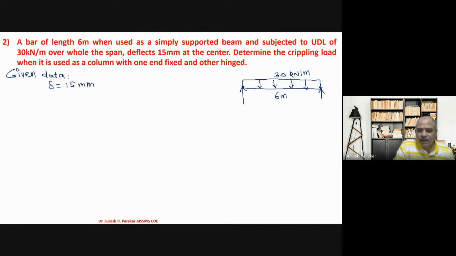Now the same formula we will use. Delta is equal to 5 by 384 WL4 upon EI. And if we put the values, 15 is equal to 5 upon 384 into W is 30, L we have 6000 to the power 4 upon EI.